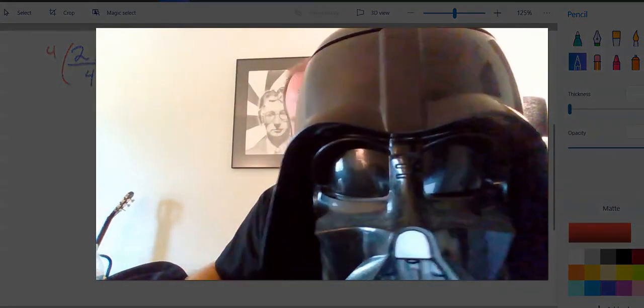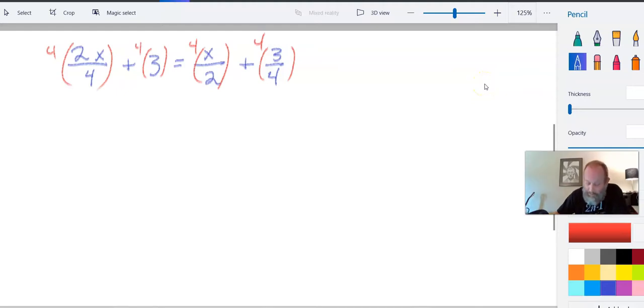Okay, so once I multiply by 4, I can start canceling some of this stuff out, right? This 4 cancels with this 4 to give me 2x. 4 times 3 is 12. 2 cancels with 4 to make a 2. So this gives me a 2 times x, right? Because that's what's left. And then over here, the 4's cancel to give me a 3.